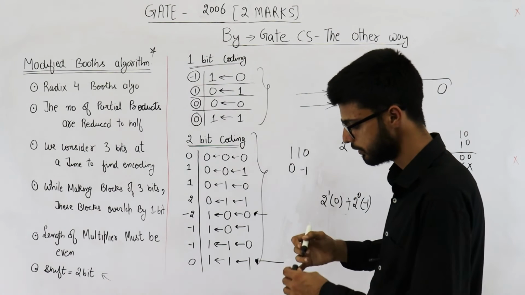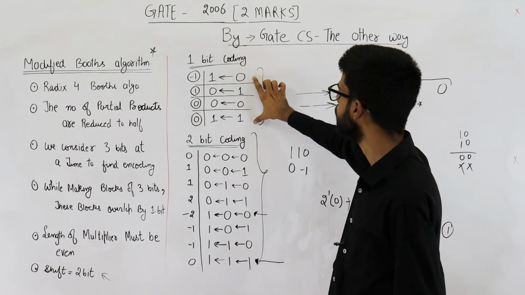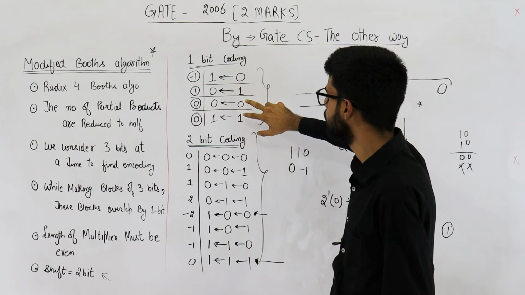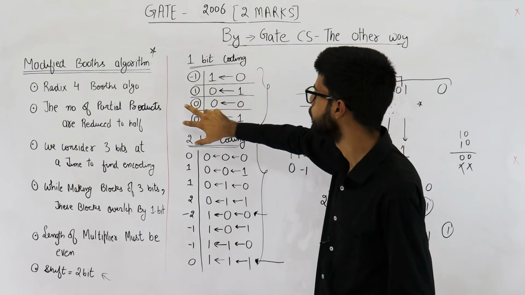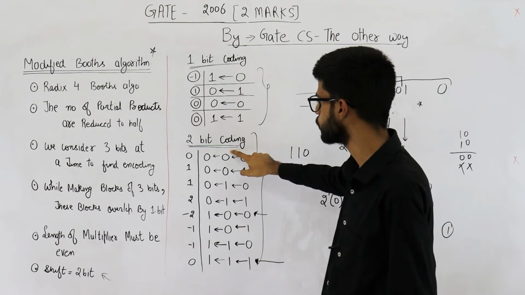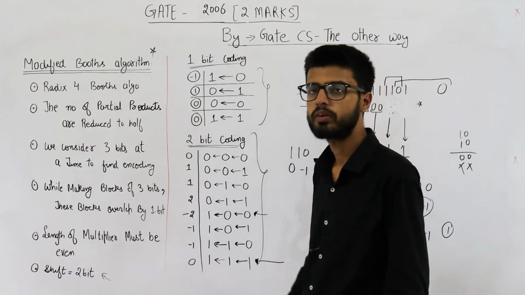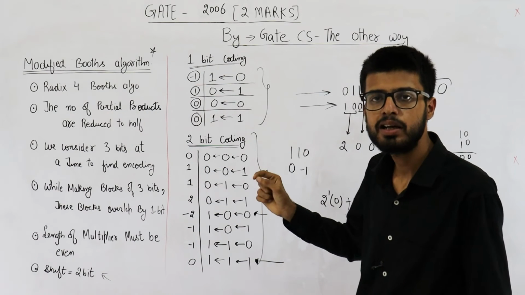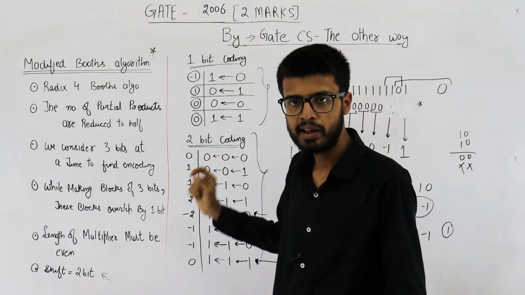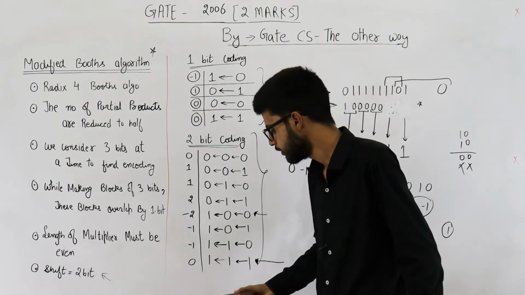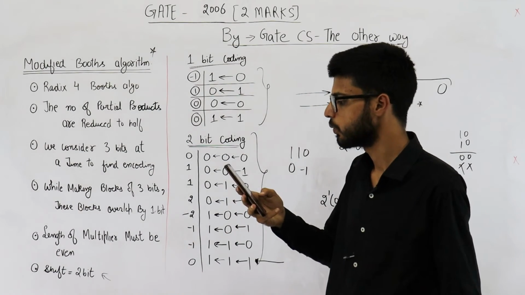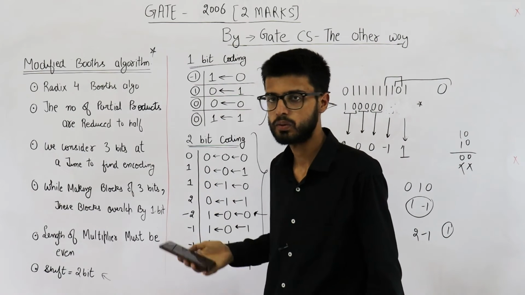Okay. You can see in 1-bit coding, when there is no change, 0 to 0, 1 to 1, we output a 0. Similarly, 0 to 0 to 0 and 1 to 1 to 1, we are going to output a 0. Okay. So multiplicand is multiplied with 0. In this case, they are saying the multiplicand is y and multiplier is x. Okay.